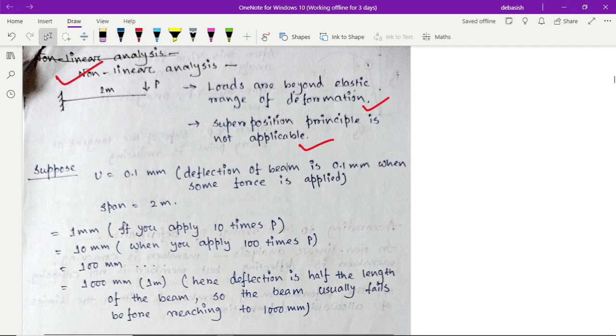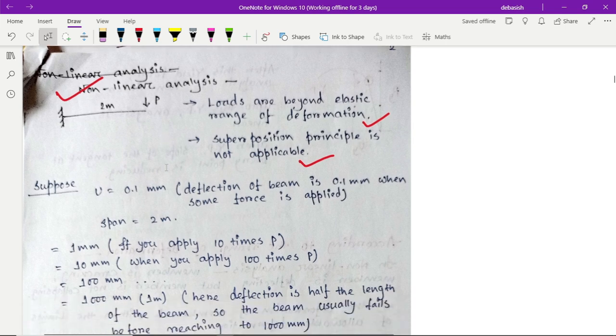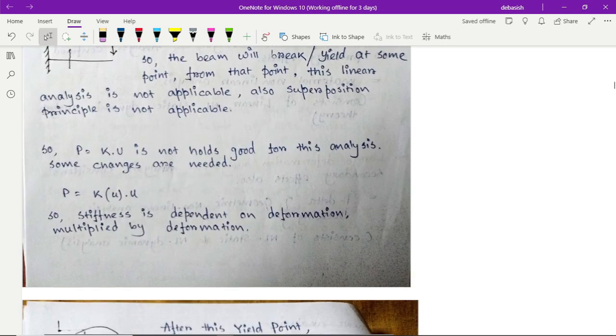After the proportional limit, the relationship between the stress and strain is not proportional or not the same. It will be changing. In that case, non-linear analysis will be carried out.